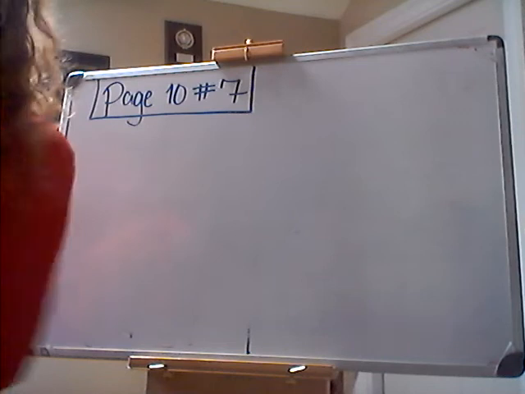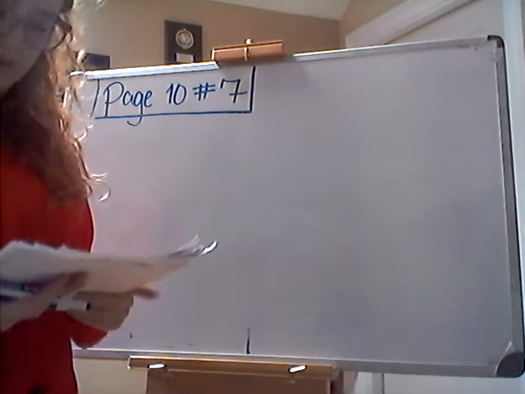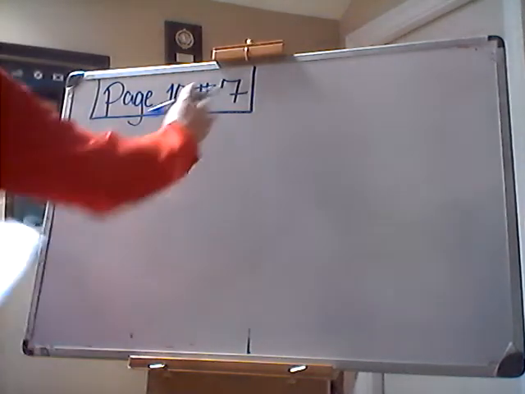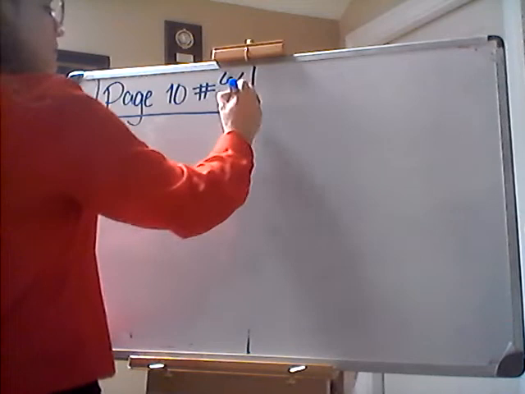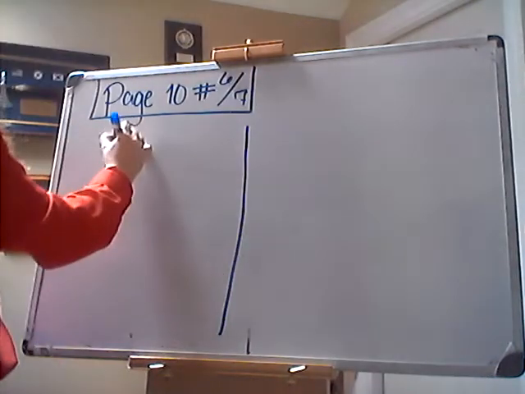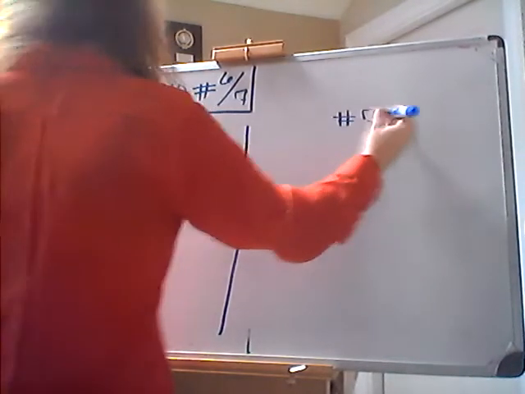It says describe 2 different ways you could change the values in the table so that the answer to problem 6 is different. So really, again, we're going to have to do 2 problems. This is problems 6 and 7. On this side, I'll do number 6. On this side, I will do number 7.